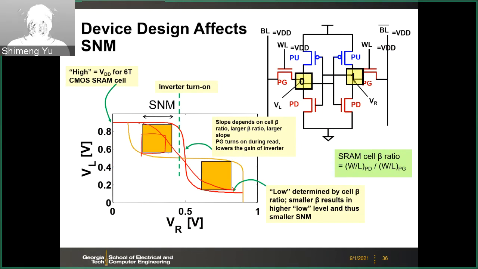The first one, the beta ratio, will help. If you have a larger beta ratio, that means the pull down is stronger. Then you can pull down the voltage more rapidly, and you can have a larger slope. And also the transistor saturation current. If there is no saturation, then you will end up with this gradual slope.